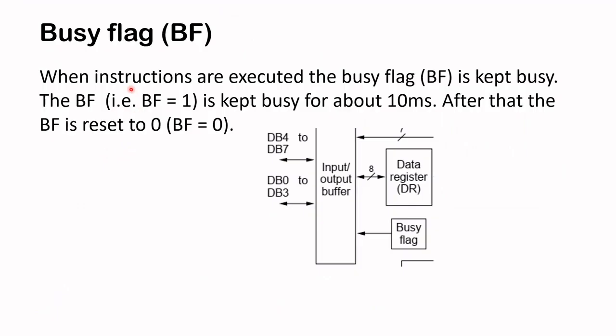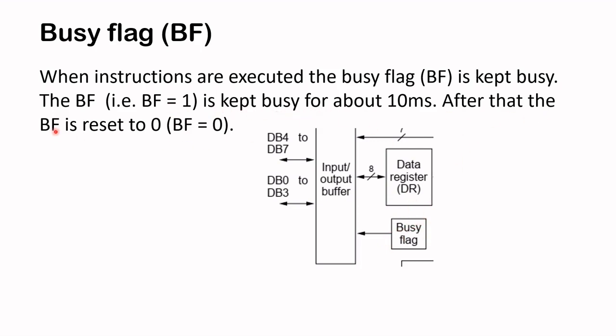Now, I need to slightly move away from the code for a while. Now, this busy flag, the BF, I have repeated the block diagram here, which is this one here. The top one here is the data register, the instruction register further up, but focus on the busy flag. Now, when the instructions are executed, the busy flag, which is this bit here, this is only one bit, is kept busy, meaning it's set to 1, for 10 milliseconds.